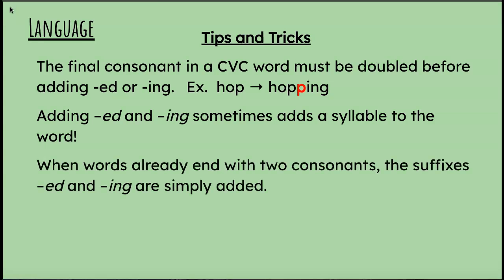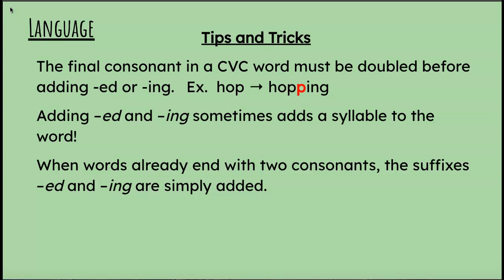When words already end with 2 consonants, the suffixes ed and ing are simply added. Look at that word added. The root word is add. It ends in a double consonant dd, so we just added the ed ending to it. And again, a syllable was added to that word.